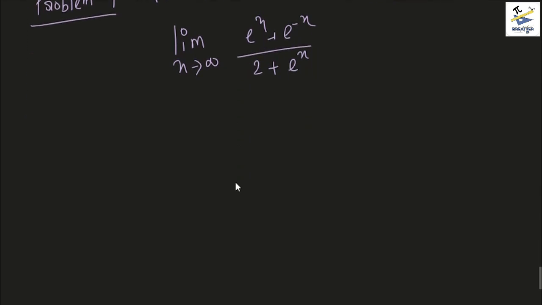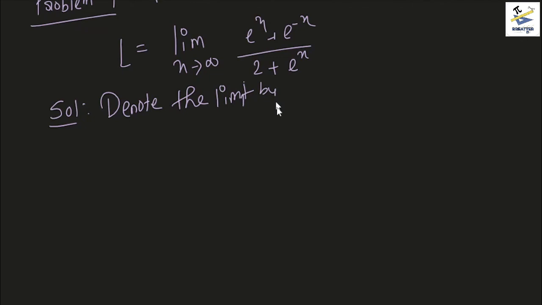So let's do it. Let us name the limit L first. So in the solution I will denote the limit by L, and we have to note a few things. Like e to the power x when x goes to infinity, and when I say infinity I mean positive infinity, honestly.